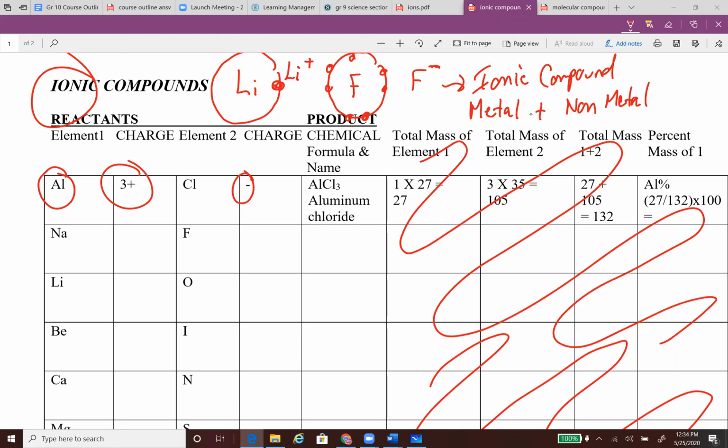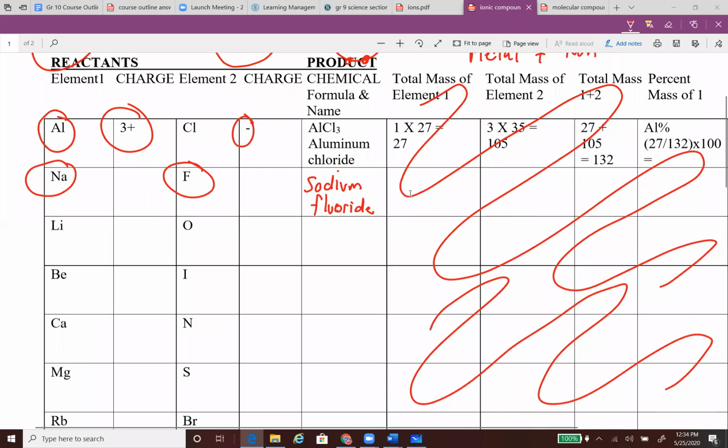So let's actually just do the naming for a second. If I put sodium and fluorine together, that should be called sodium fluoride. The metal's name stays the same. The negative ion, you see the name changes. The next one would be lithium oxide.